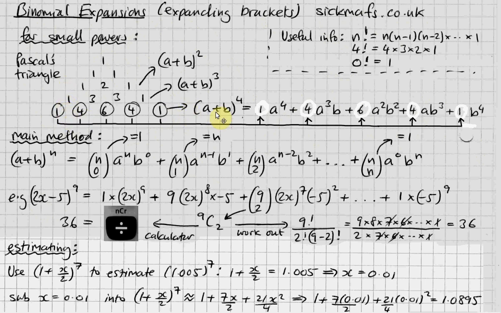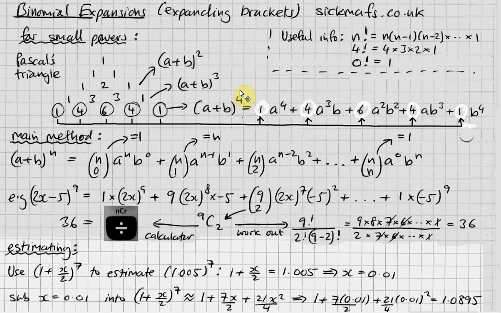Now if you're doing a plus b to the power 4, you have to use this row, because the second number in each row tells you what expansion you're doing. So if you got a 4, that means you're doing a plus b to the power 4. The next row is going to have a 5 in it, since 1 plus 4 makes 5. That's going to be for the a plus b to the power 5 expansion.